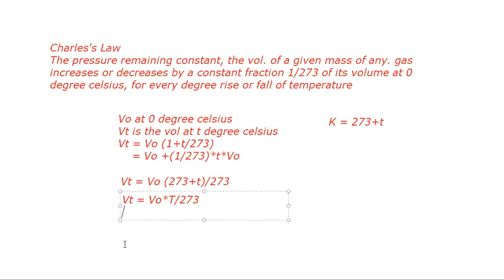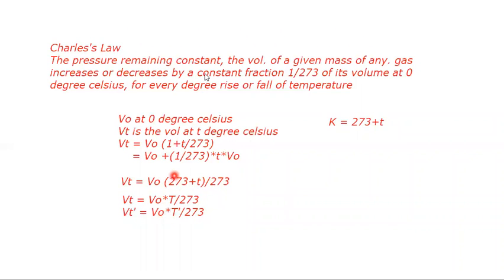Similarly, if we have another temperature T dash, then Vt dash will be equal to V0 into T dash divided by 273, because instead of 273 plus T, we will have 273 plus T dash, written as capital T dash.